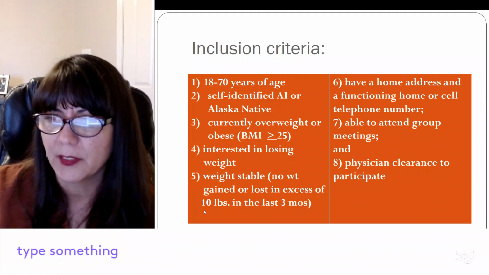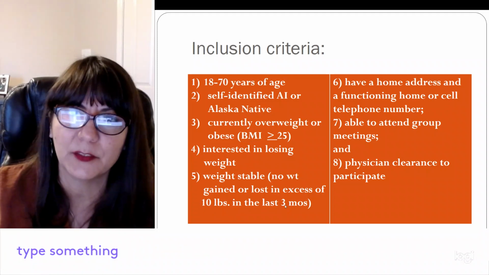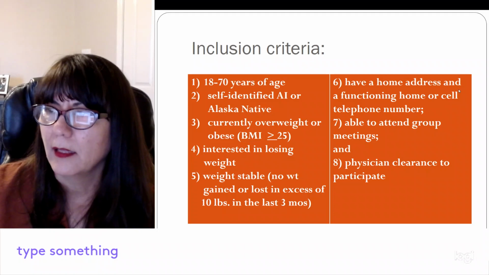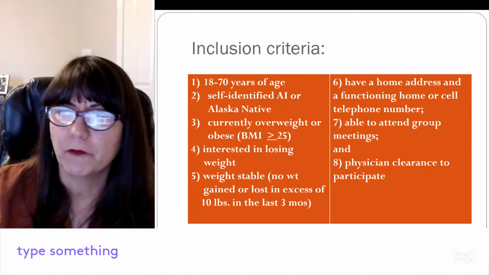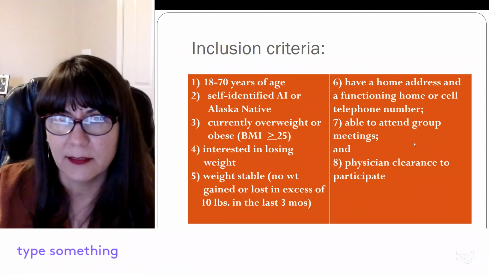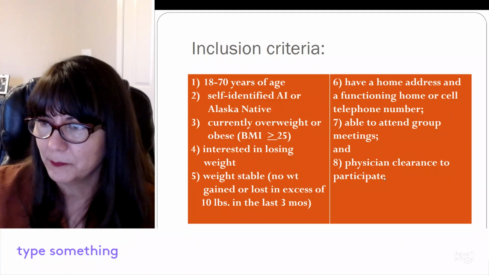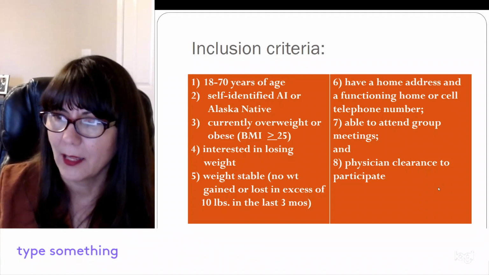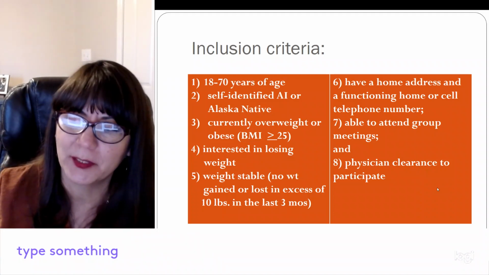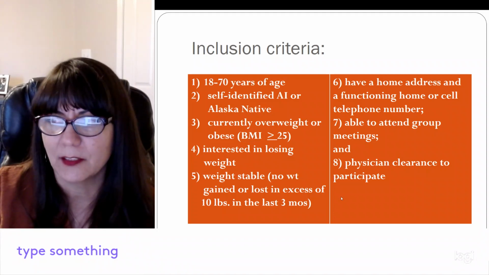So they couldn't have gained or lost more than 10 pounds in the last 3 months. They had to have a home address with a working phone or cell phone. They had to attend group meetings where that was required. That was where the intervention was provided. And they had to have physician clearance to participate in the program, which involved physical activity.